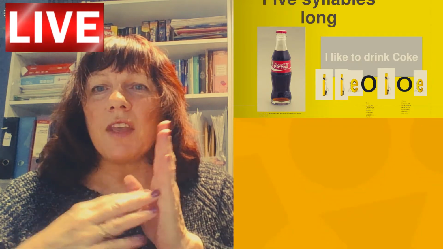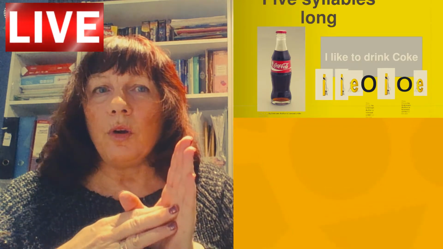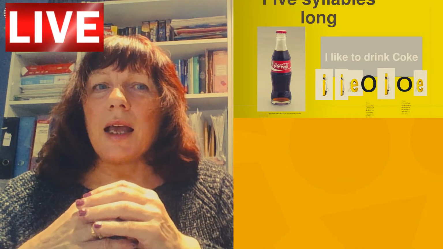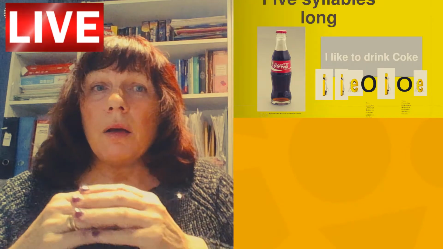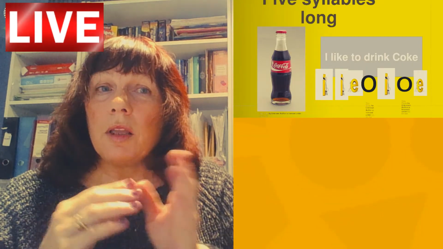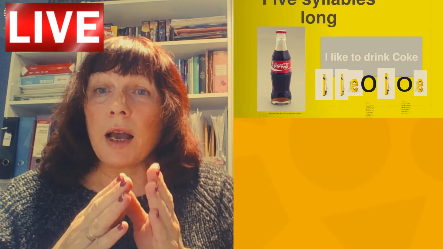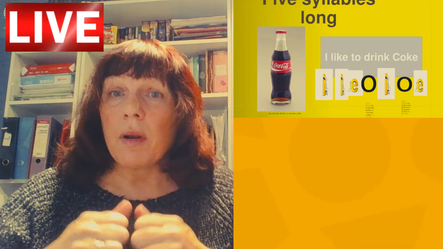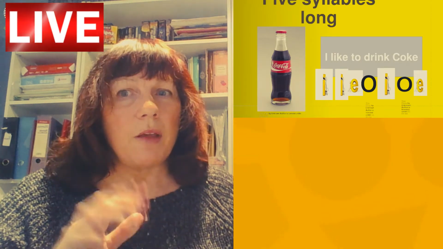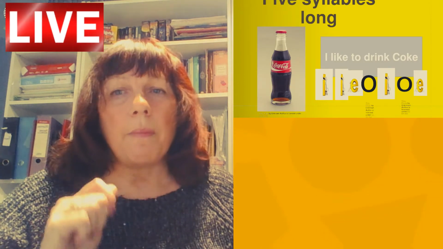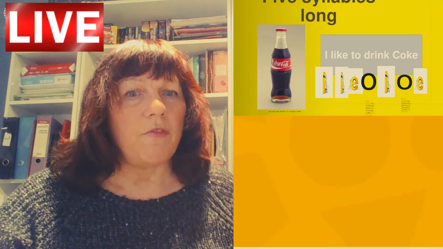So that's why we have the O sound for Coke when we say Coke, O, because you've got E at the end. But when we say to, the O is making an oo sound. So there's another tip. Learn the vowel sounds and understand there might be 5 vowels, but there's more than 5 sounds.